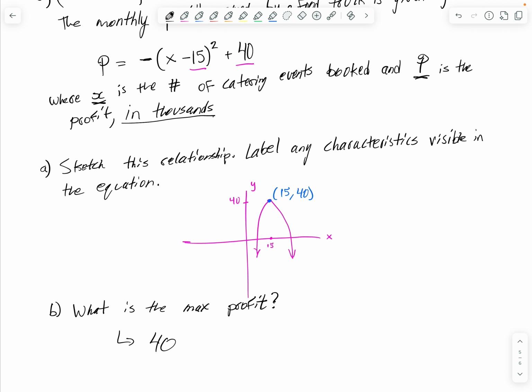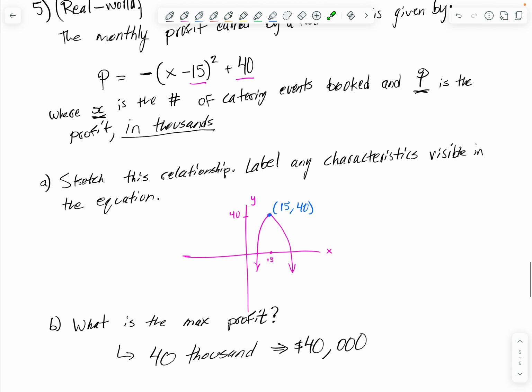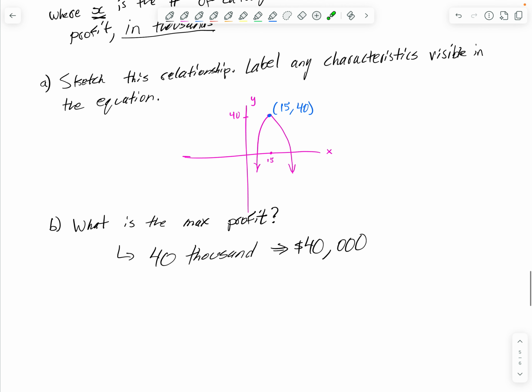Well, it's $40,000. I can write that as 40 and then 3 zeros, dollars. That's it, and it occurs when I have 15 catering events. Two more parts here.